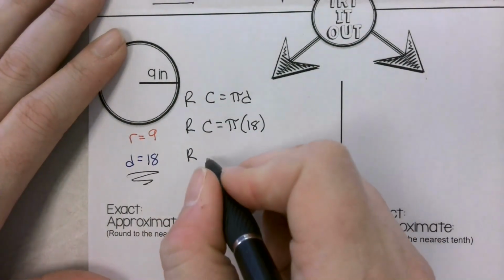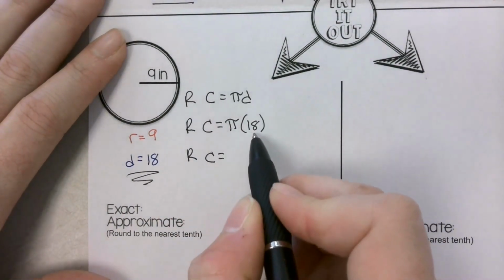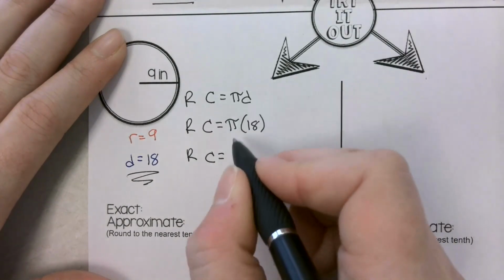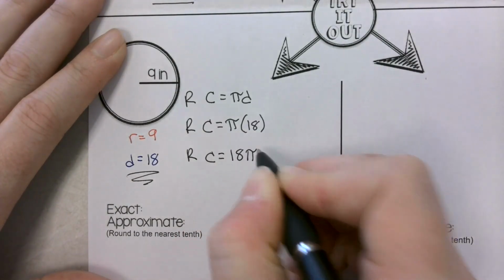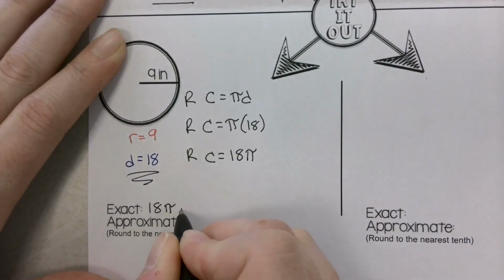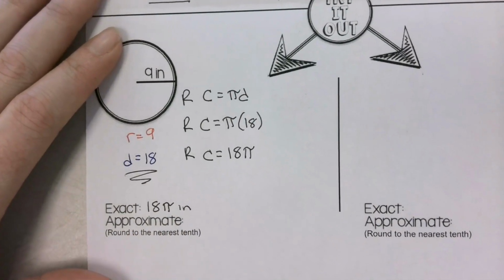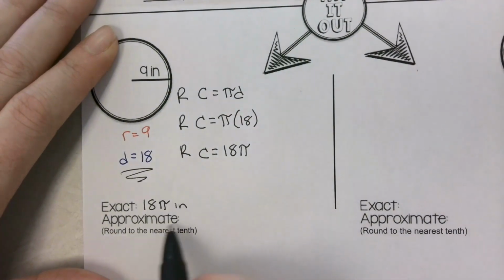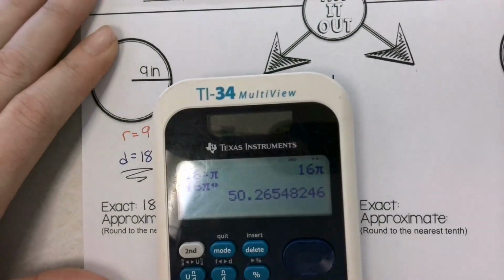And again, our recalculate is just writing this in proper terms where this is a coefficient and this acts like a variable. So we have 18 pi. Our exact answer would be 18 pi, and in this case, inches, because again, it's just a perimeter. For our approximation, we put in our calculator 18 times pi, we get 18 pi.